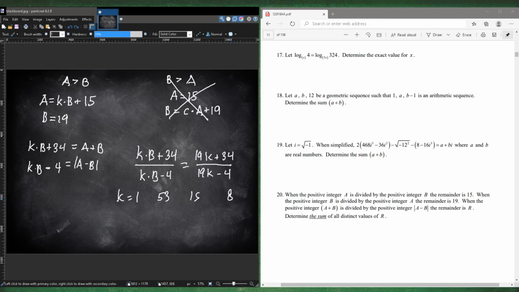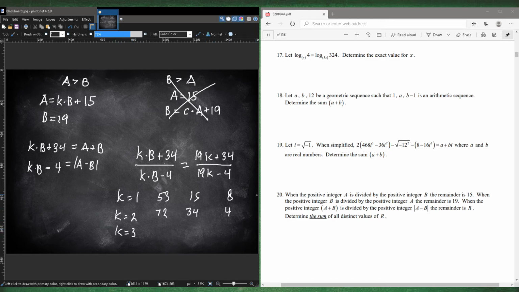Let's say k is equal to 2. Plug in 2 here. That will give us 72, and from this value, this will be 34, so this would give us 68. 72 minus 68 is 4. So that's remainder 4.